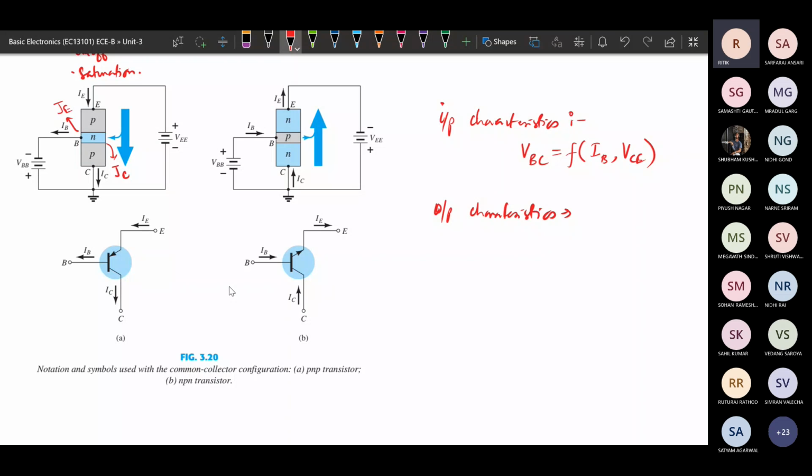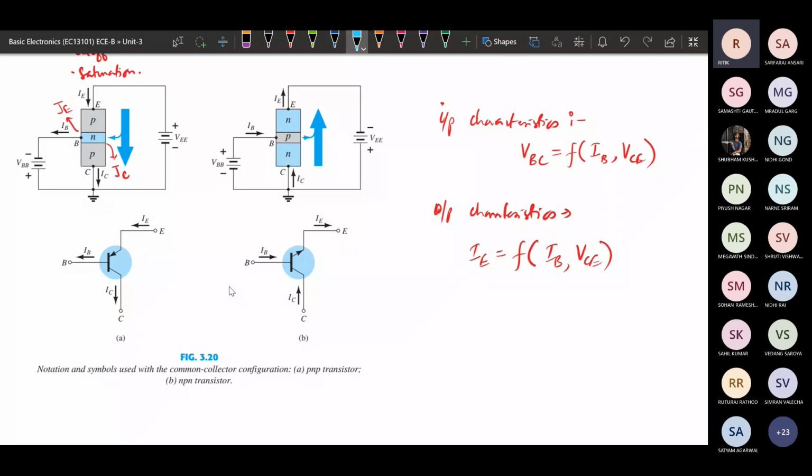Okay, in case of output characteristics, we will be plotting the output current. Your output current will be IE. It will again be a function of input current and the output voltage, in terms of the collector to emitter voltage, so VCE. So this indicates that this will be a function of IB and VCE.